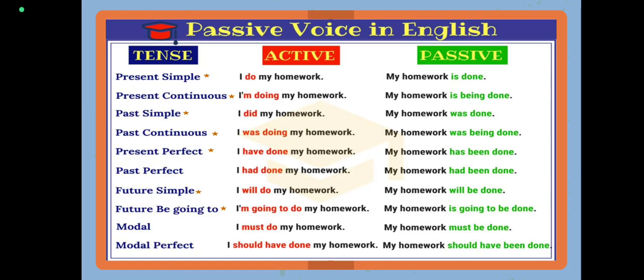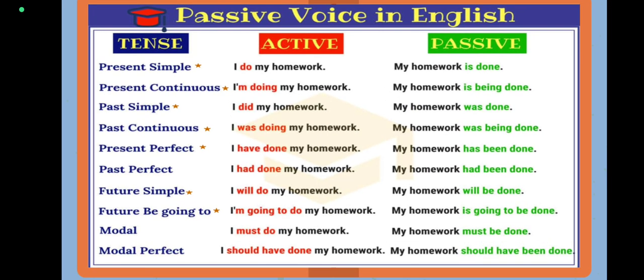Great. So here we have a chart, and don't be afraid. It's pretty easy. On the left side we have the verbal tense. In the middle, we have some sentences in active voice, and you already know these verbal tenses. And on the right side, we have the passive voice. So we need to transform the active into passive in this way.